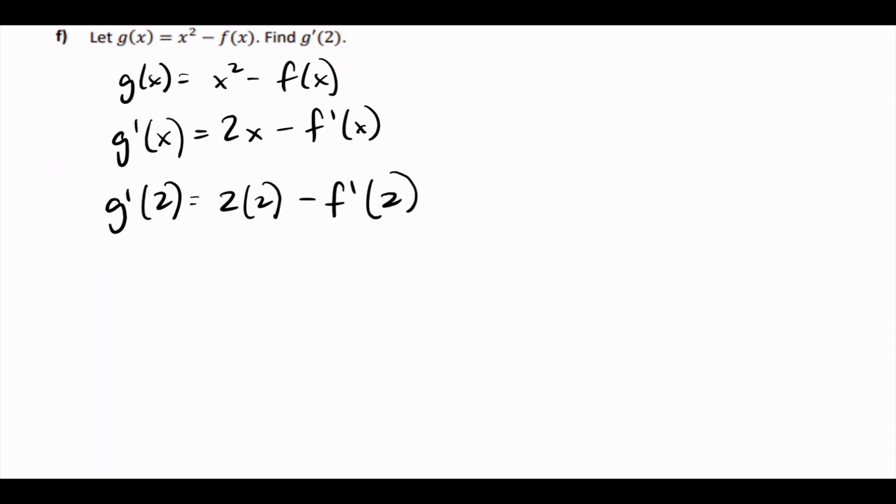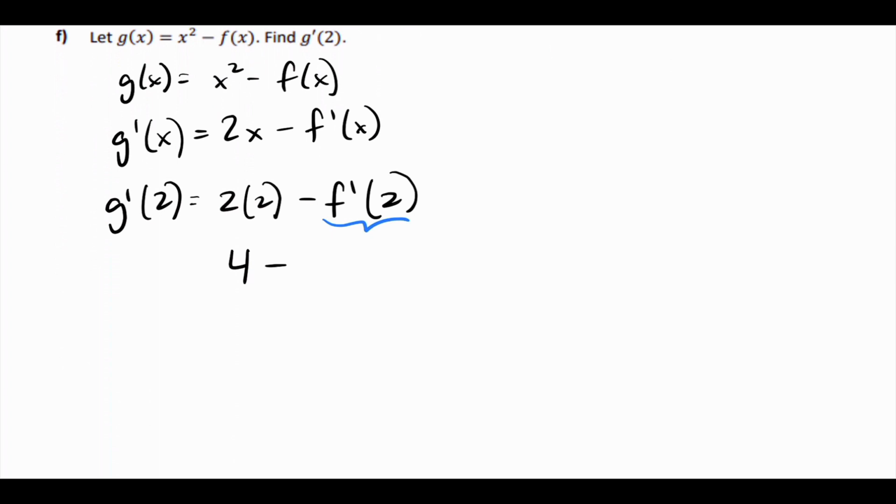Everywhere I see an x, I plug in a 2. 2 times 2 is 4. That guy there, f prime of 2. What is that saying? F prime of 2 is asking for the slope of the tangent line at 2. The slope of f.